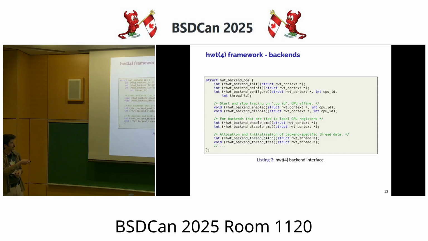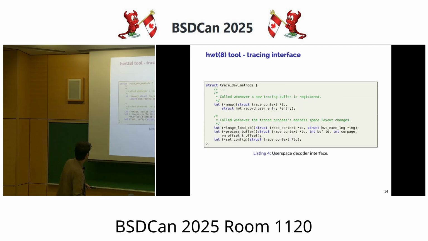And also the individual platform driver has to have a way of embedding some of its platform-specific metadata into individual thread structures, so that it can actually pick up and continue tracing those threads as they get pulled in and out of a CPU core.